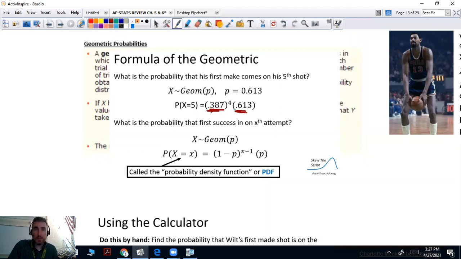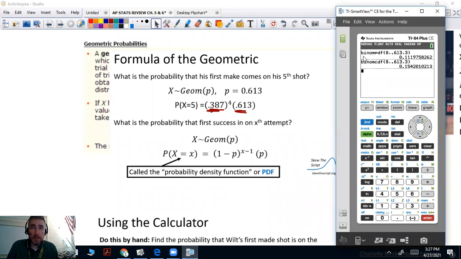So what's going to happen is you're going to have this probability density function, PDF. You're going to do 1 minus the probability of success, and all the nots until you get the one that works. By calculator, you could do this as a binomial or geometric PDF. You can do 2nd VARS, geometric PDF, and that probability is 0.613.